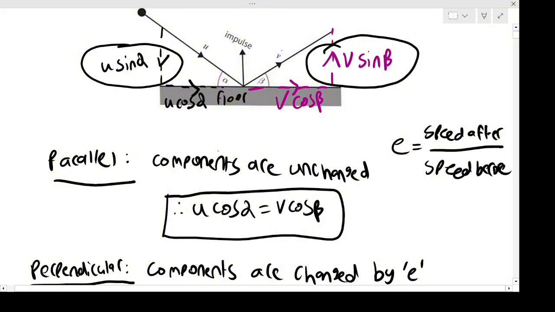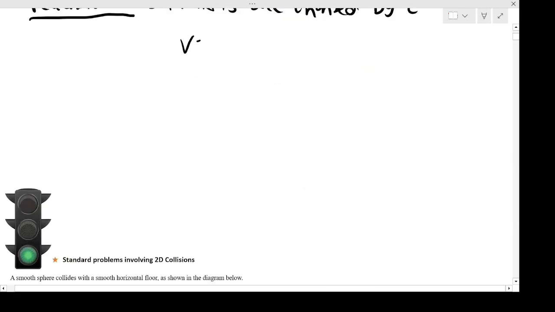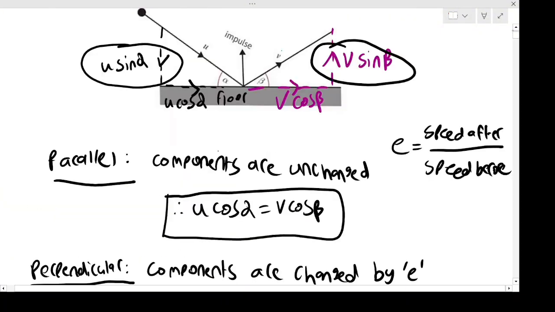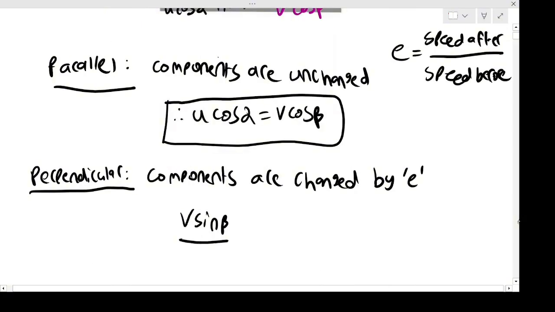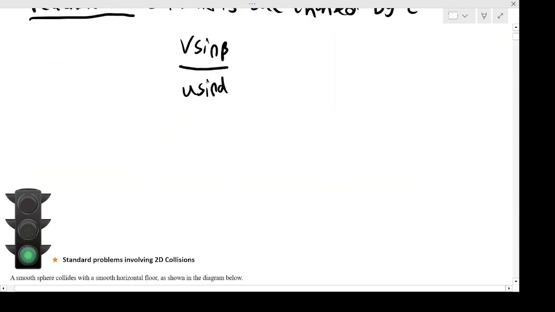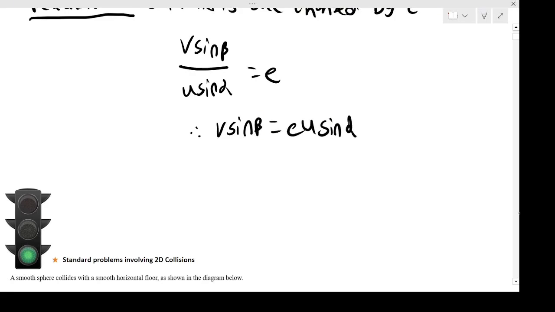So the speed afterwards, the perpendicular part, is v sine beta. So v sine beta, if I divide it by the component before the collision, the perpendicular part u sine alpha, that's going to equal E. And we can then just multiply across to say that v sine beta is e u sine alpha, okay?